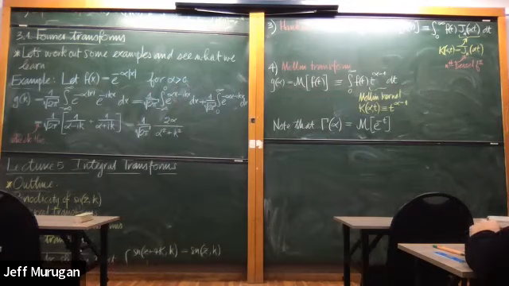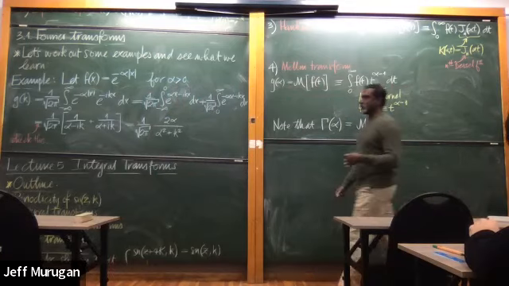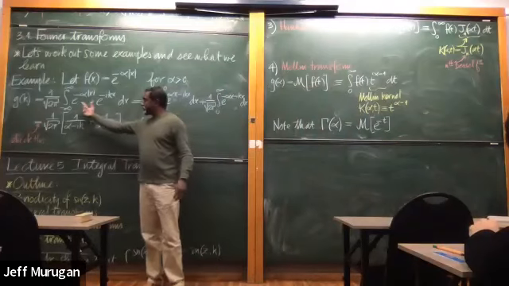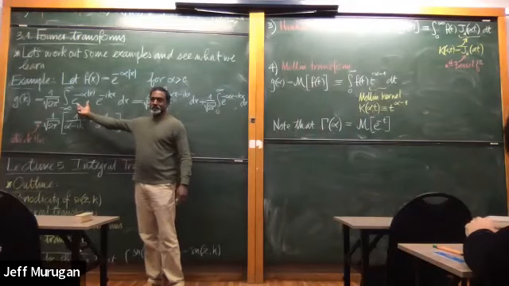So that is the Fourier transform of the function e to the minus alpha times the absolute value of x.